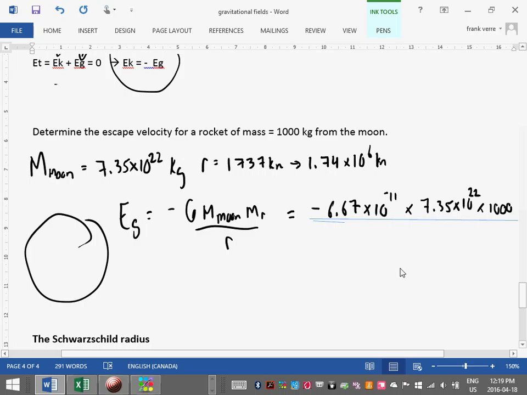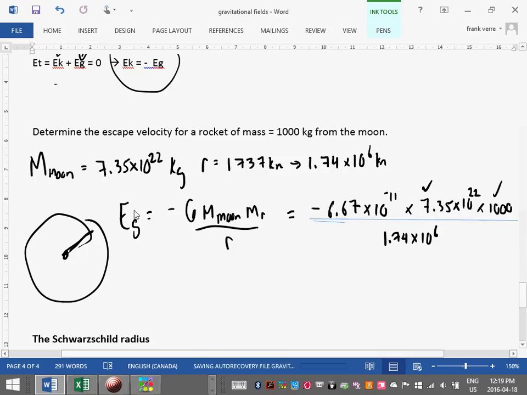Okay, over R, so here's G, the mass of the moon, the mass of the rocket, over R, because the rocket is on the surface of the moon, so we're just concerned with the radius of the moon, 1.74 times 10 to the 6.